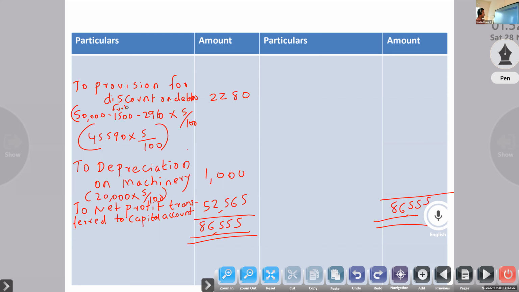Then we have to calculate net profit or net loss. Here, net profit. Okay, then balance sheet.